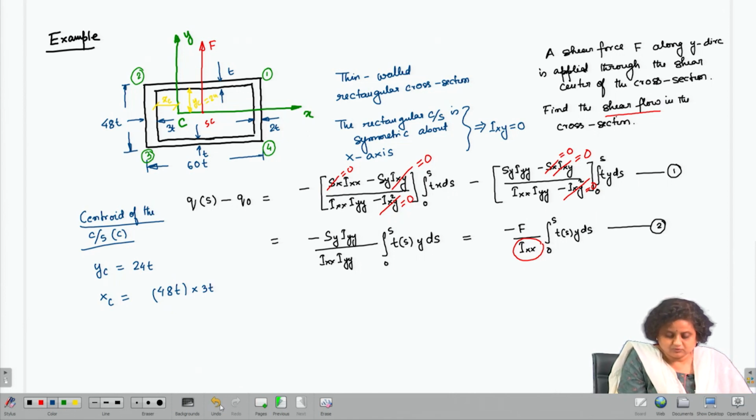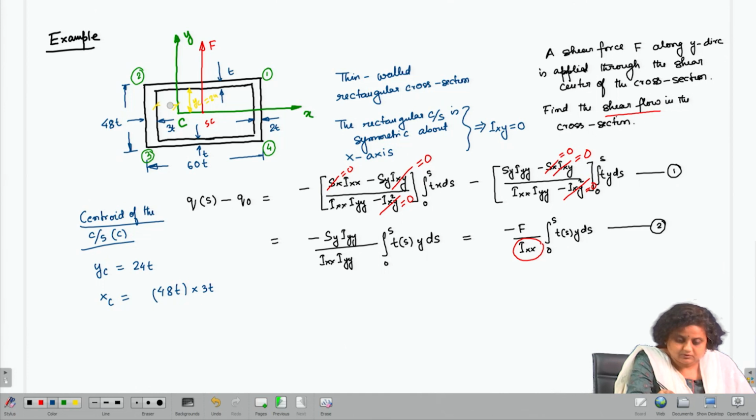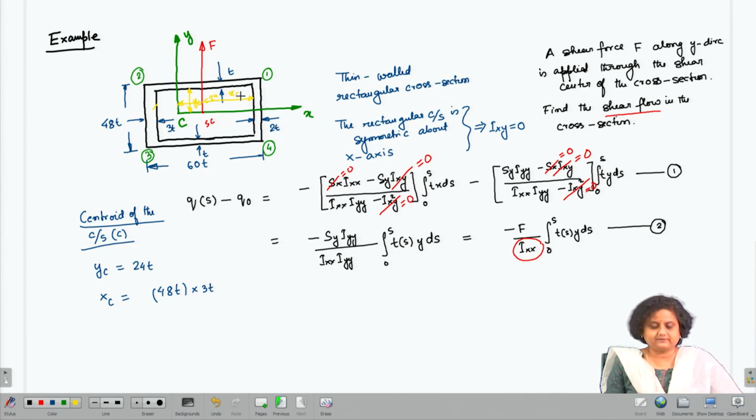So, I have solved the problem earlier. I have taken this to be x c. So, I am finding out x c from the web 1 4.